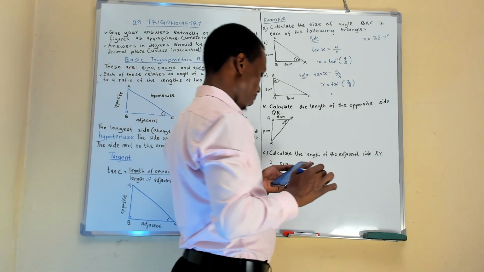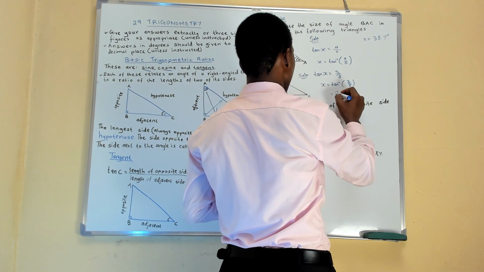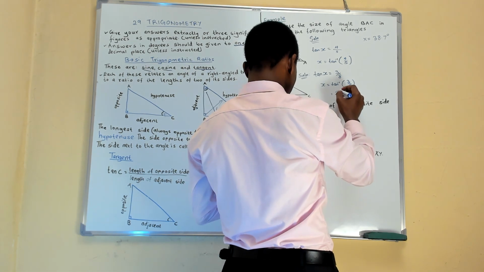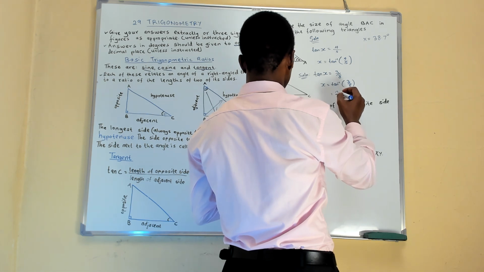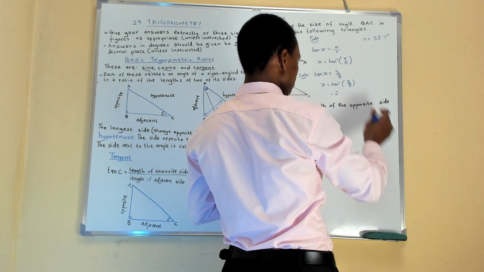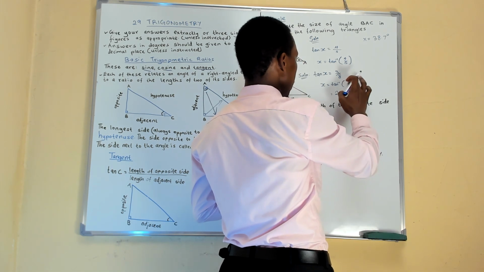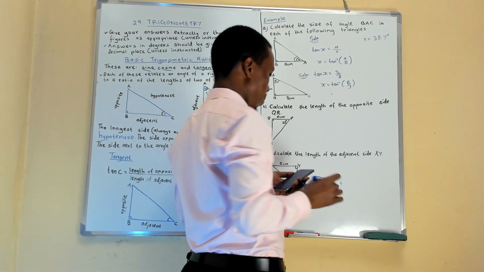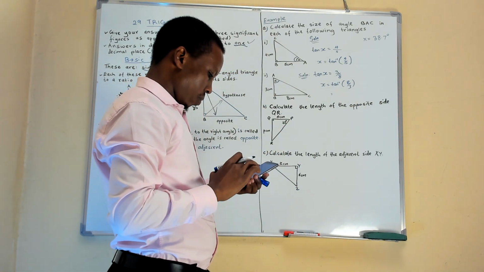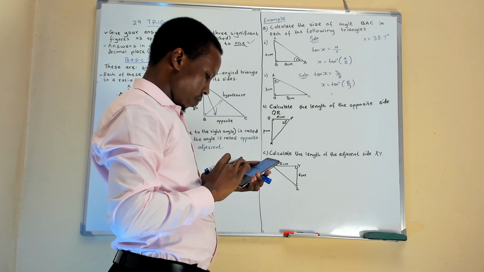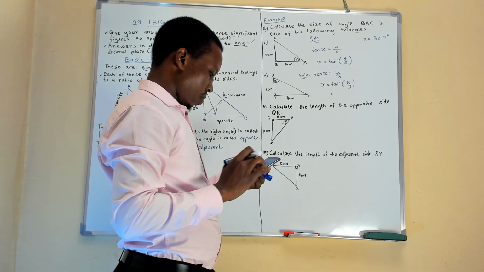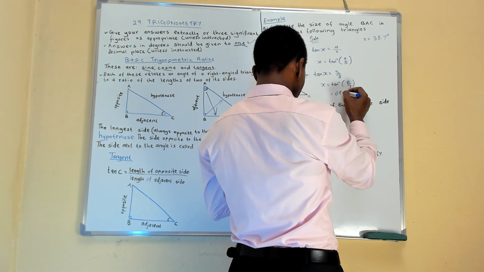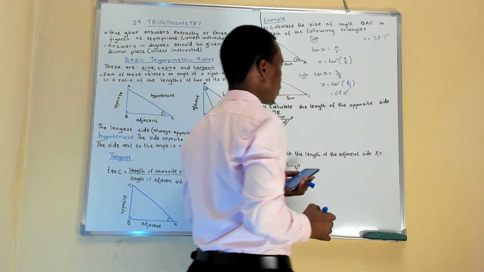I'm having 20.6. Sorry for that. It should be 8 over 3. Yeah, so 69.4 degrees.